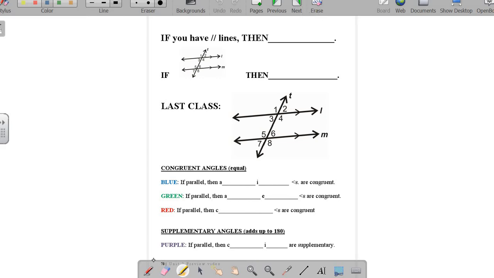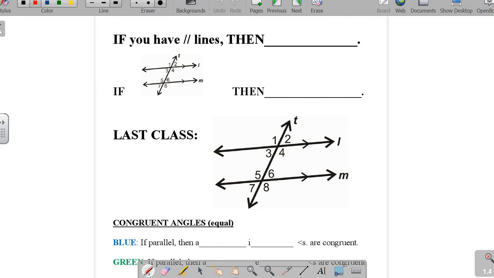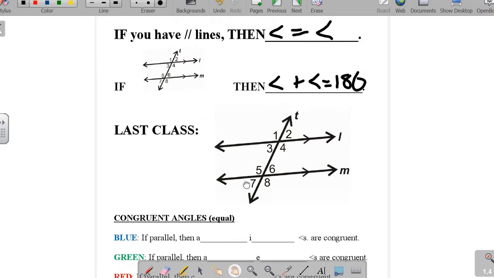So last class we had this. If you had parallel lines, then you either had angle equals angle or angle plus angle equals 180. And it was one of these four scenarios.